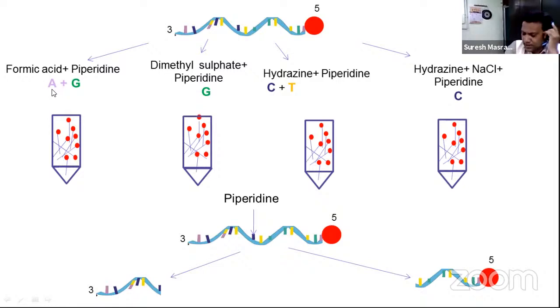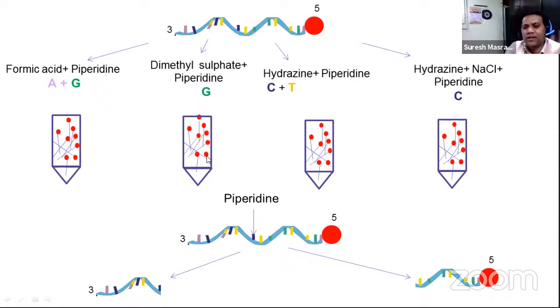Here the formic acid depurinates, separating the adenine and guanine from the single-stranded DNA, and then piperidine acts on it and cuts the DNA fragment. Here, the cutting of the DNA fragment happens at two places. Whenever there is adenine, it cuts the DNA fragment. It also cuts the fragment if there is guanine.